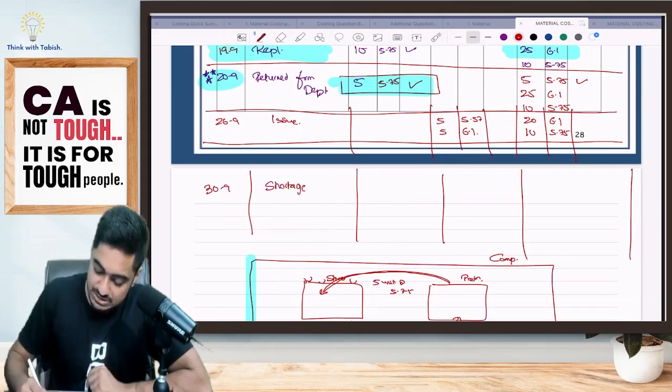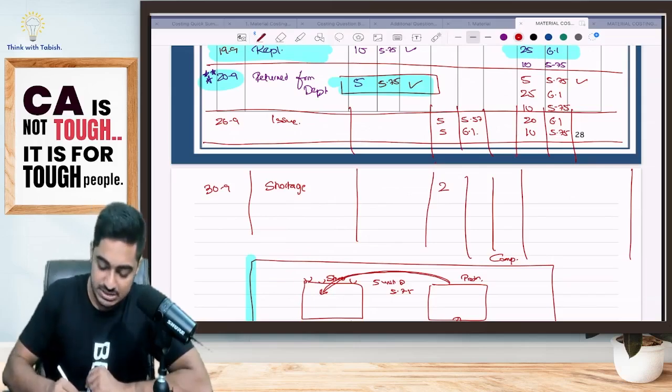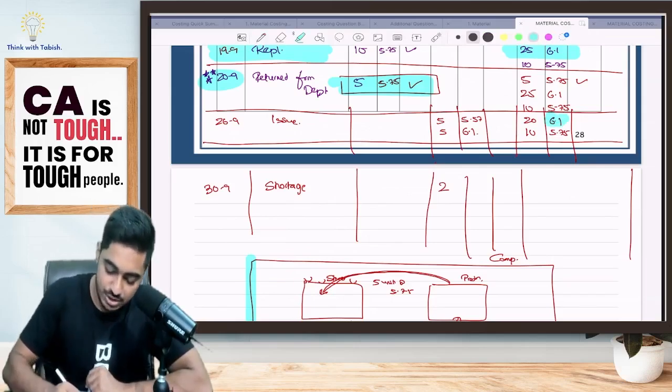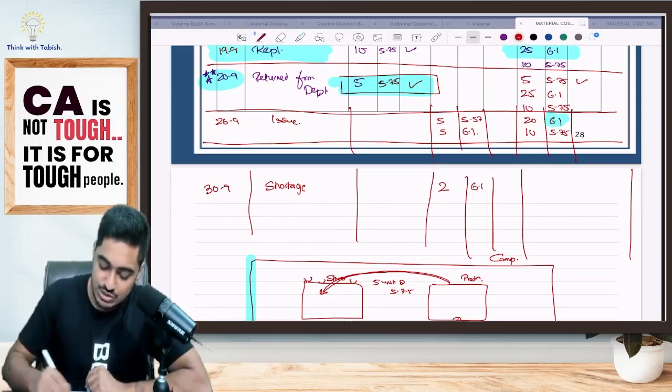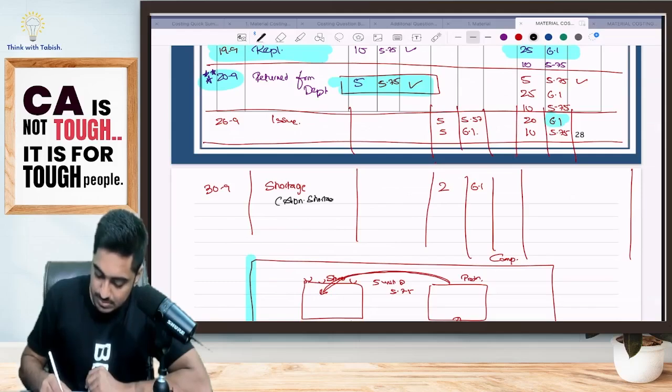Shortage. Firstly, tell me how much quantity shortage is there. I think 2 units shortage is there. What is the first rate available to me? At the rate of 6.1. So I will assume it is an abnormal shortage, so it will be transferred to costing P&L.